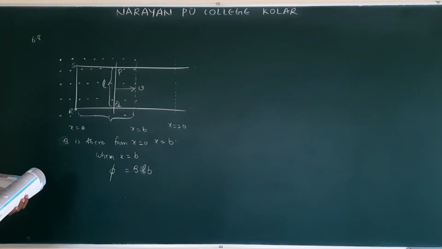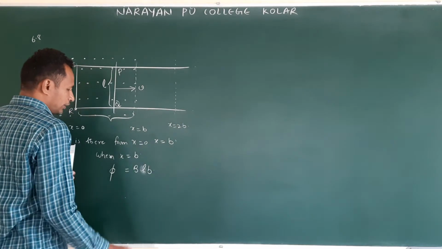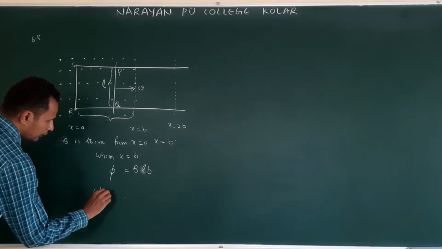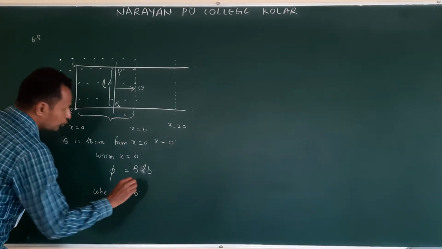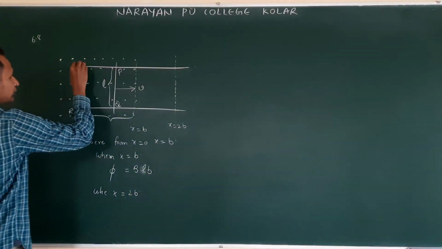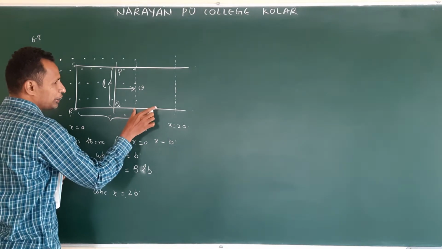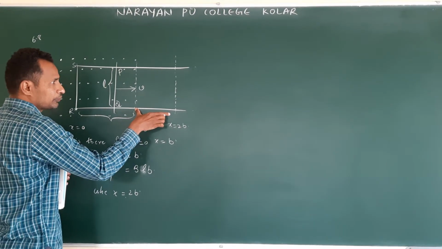Next, when x is equal to 2b. When the rod is here, what is the flux covered? Up to here only. If they ask flux between b to 2b, then 0.